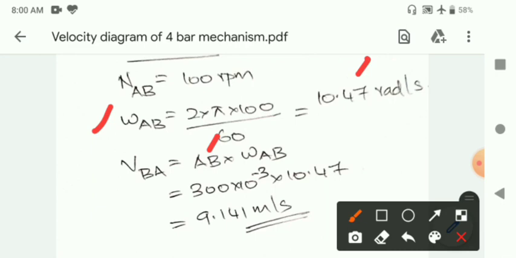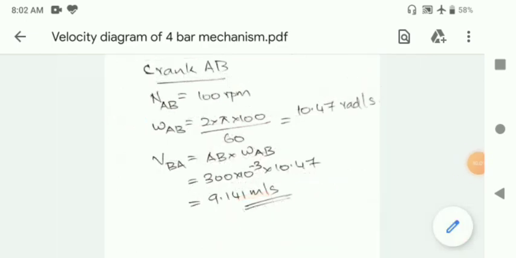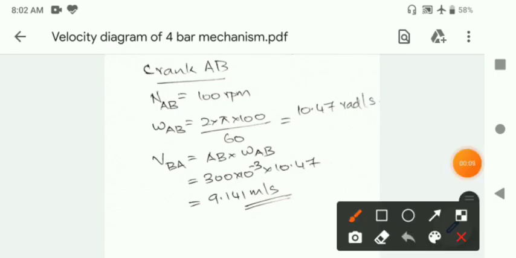The length is given in millimeters, so you must convert to meters by multiplying by 10 raised to minus 3. You will get the relative velocity of B with respect to A as 9.41 meter per second. So what you get here is the magnitude of velocity of B relative to A. Now we need to represent this velocity as a vector. To represent the velocity as a vector, we now have the magnitude.